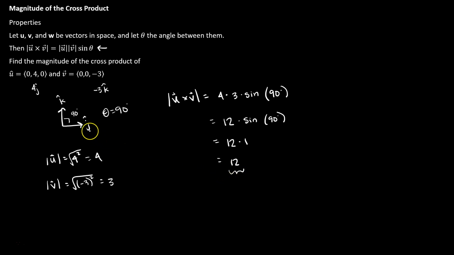In this case, because j and k are the vectors that make up u and v, we know that our cross product has to be pointing along the x-axis. And if we're going from u to v, then we're going from j to k, which means we're pointing along the positive x-axis. We could find that cross product. U cross v is going to be 12 i hat.